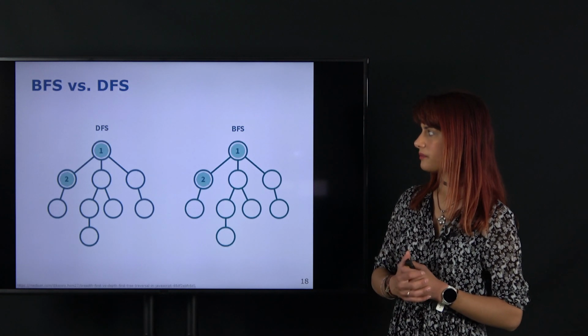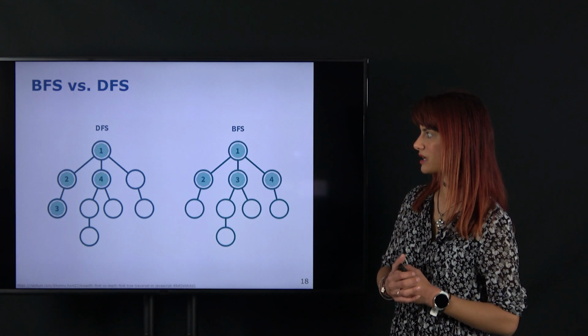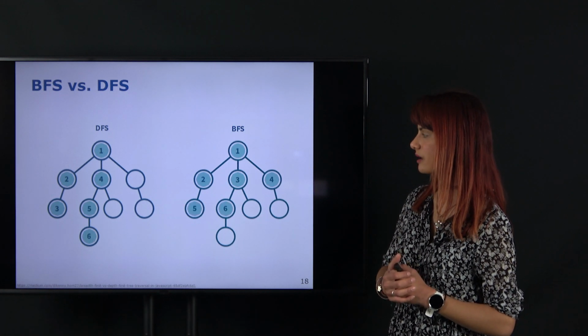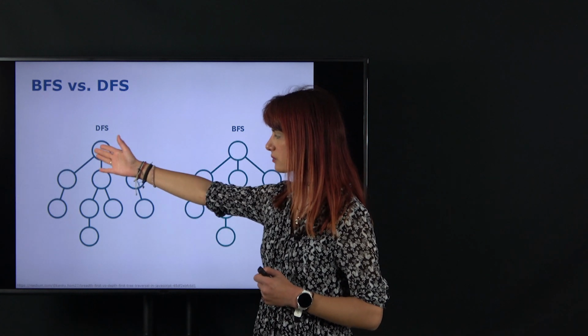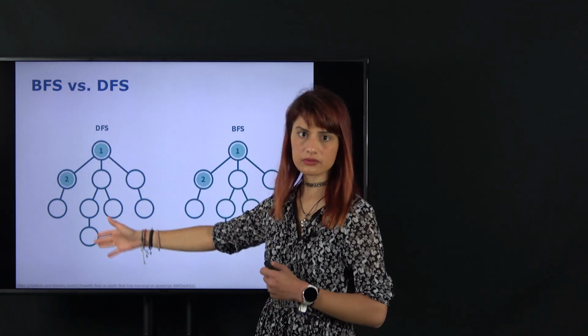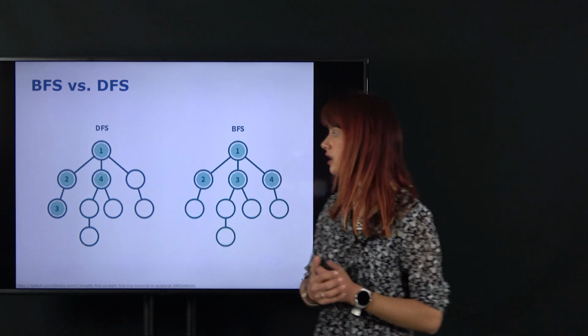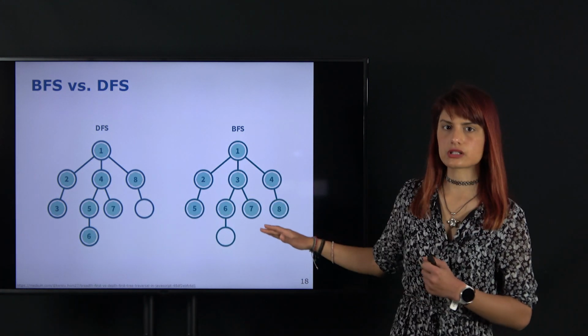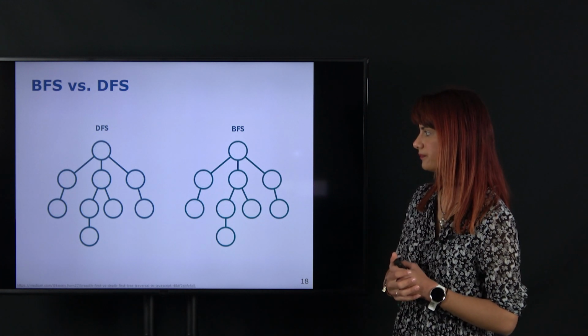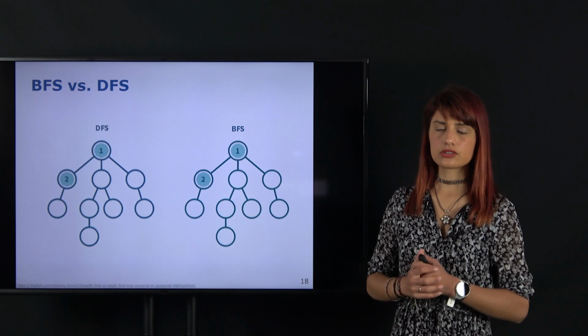So here's a visual comparison and animation of breadth-first and depth-first search. So in the case of the depth-first search, we're always going down, searching along the depth, whereas in breadth-first search, we go layer-wise, searching along the breadth. And which one is better to use?